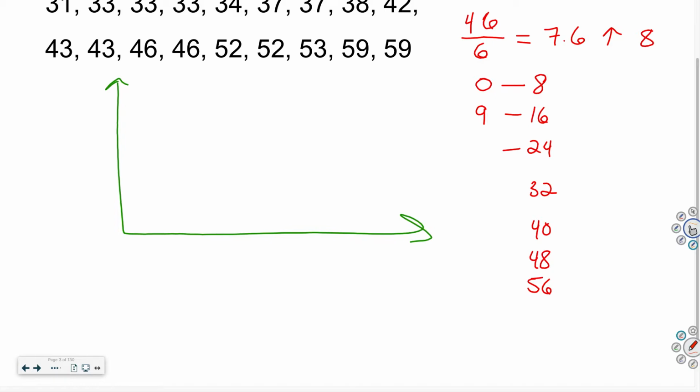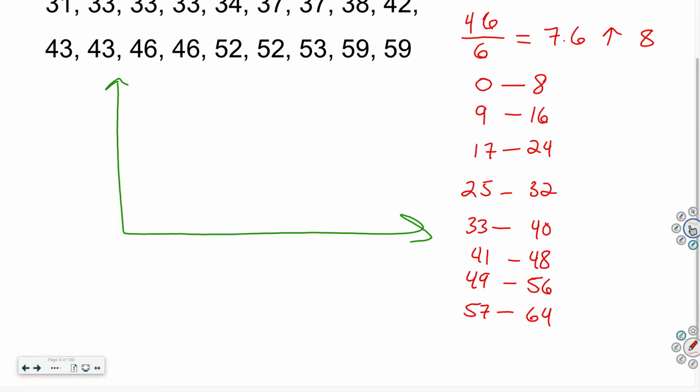And 64. So this will be 57. This will be 49. This will be 41. This will be 33. This will be 25. This will be 17. Okay.